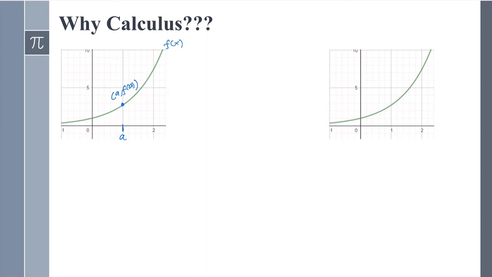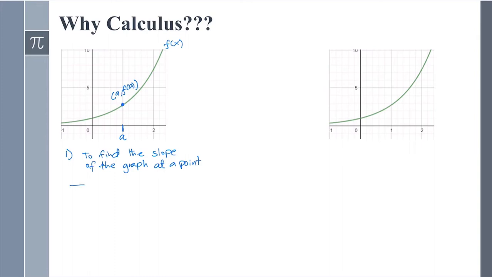So we can say the first reason is to find the slope of the graph at a given point, okay, of the graph at a point. Now, these basic concepts or ideas will lead us to two major topics in calculus.